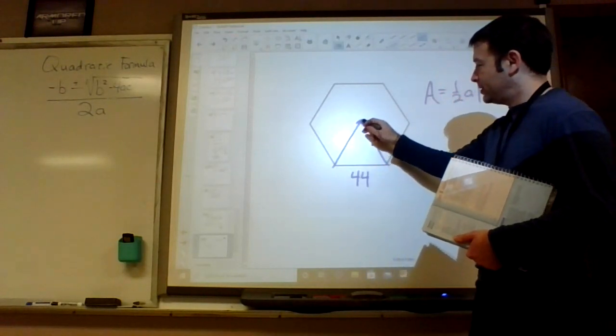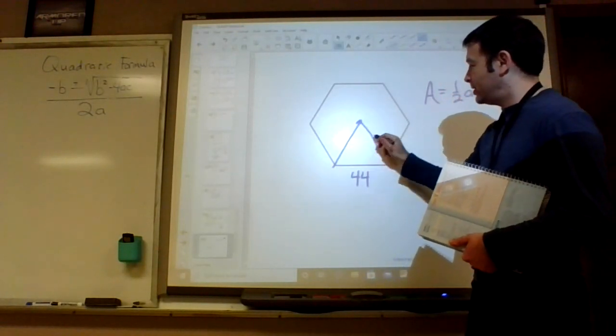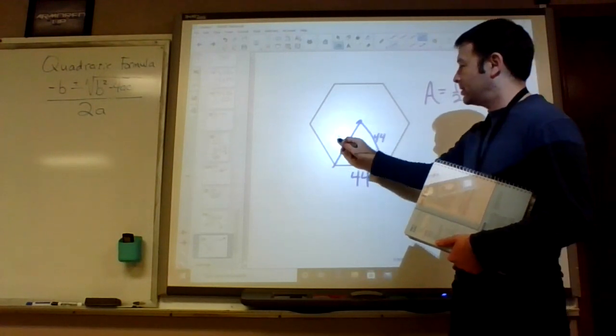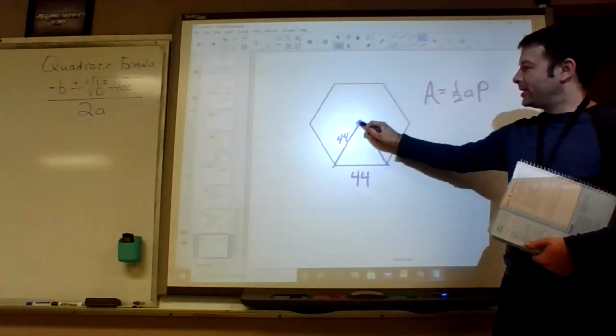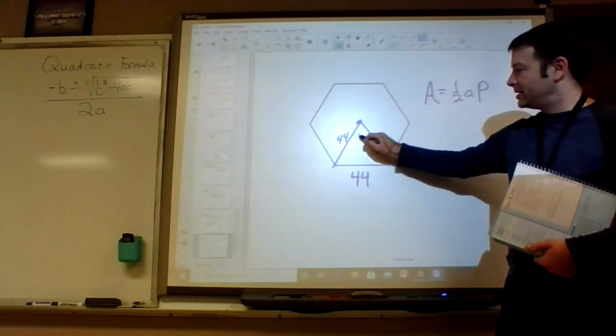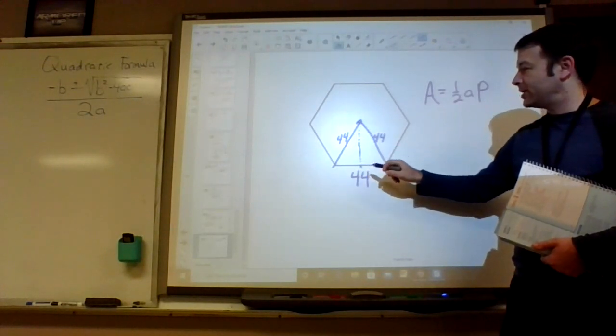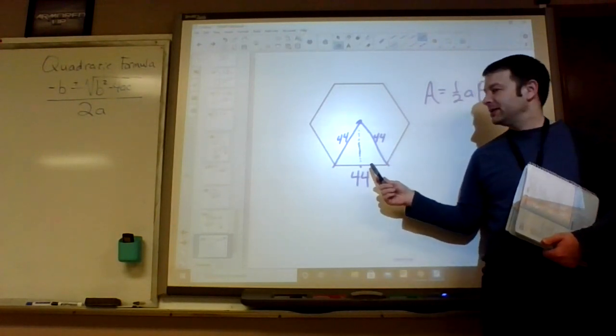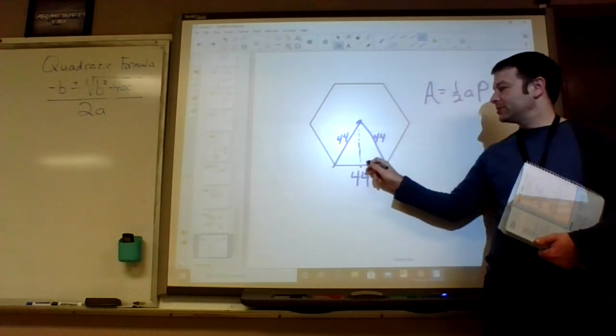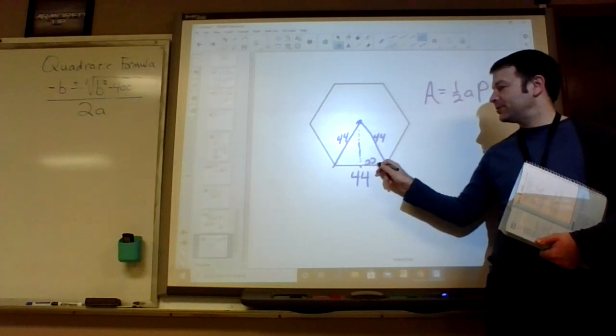When you draw in the radii, it's an equilateral triangle, so the apothem is basically the height of the equilateral triangle. I talked about this like 5 minutes ago. That's 22, right?